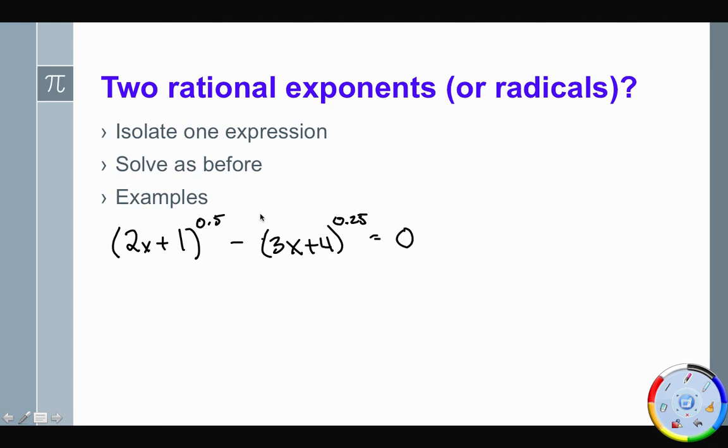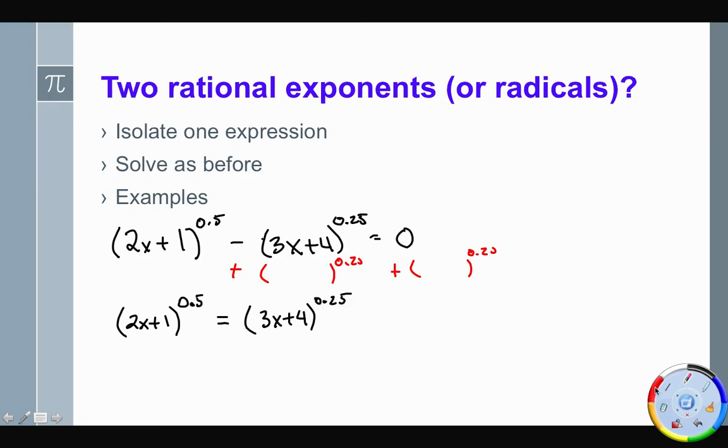Now we need to isolate one of the expressions, so we are going to add this to both sides. And we're going to get a new equation that says 2x plus 1 to the power of 0.5 is equal to 3x plus 4 to the power of 0.25.